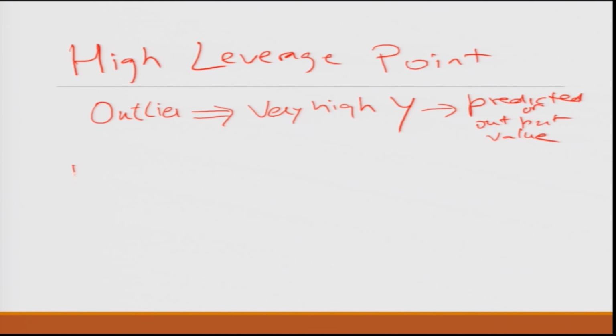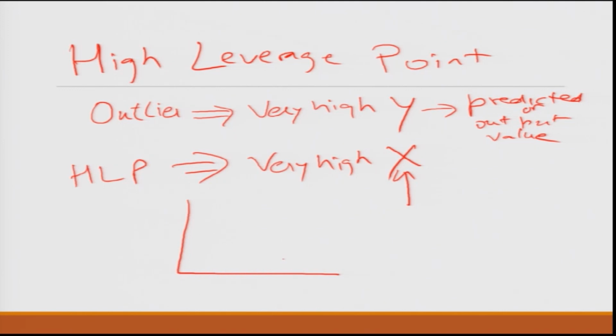Now, high leverage is something with very high x. So, in a simple case of say a bivariate regression, this means x is a value, for example, if you are plotting your y versus x and this is the typical range, and now you have one value which is sitting somewhere here.